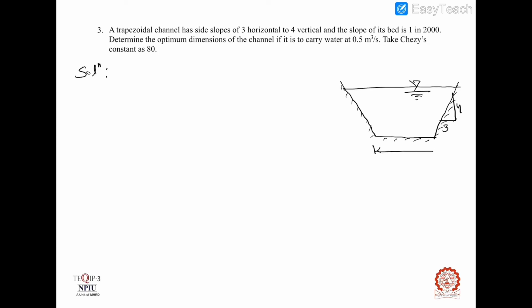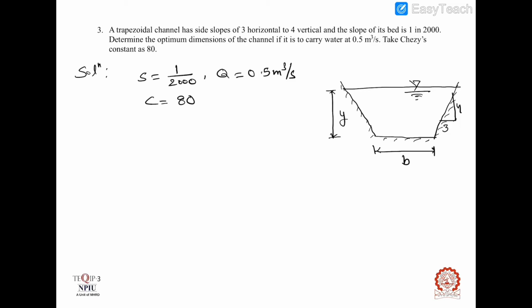Let's say bottom width is B and depth of flow is Y. Bed slope of the channel is 1 in 2000. Discharge is 0.5 meter cube per second. Chezy's constant C is equal to 80.